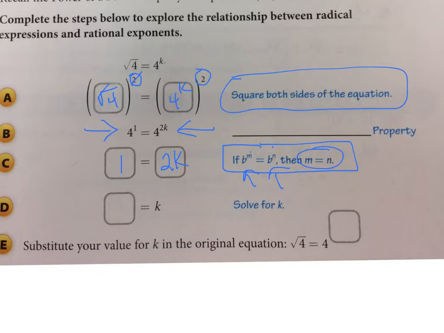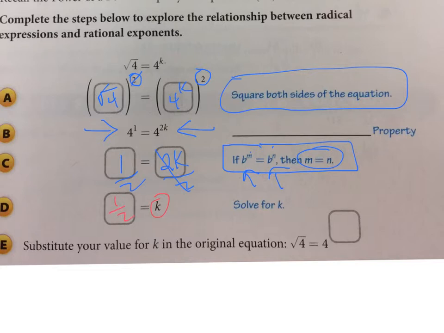This is a multiplication problem, 2 times k, so you undo it by dividing. If I divide both sides by 2, remembering that what you do to one side you do to the other, the 2's cancel out, and I'm left with k equal to 1/2.